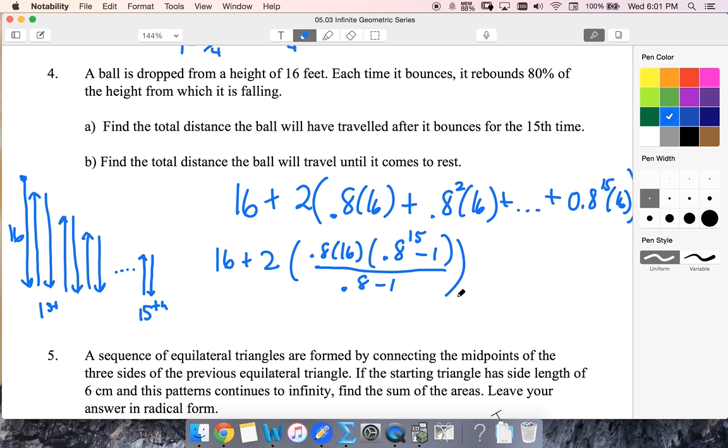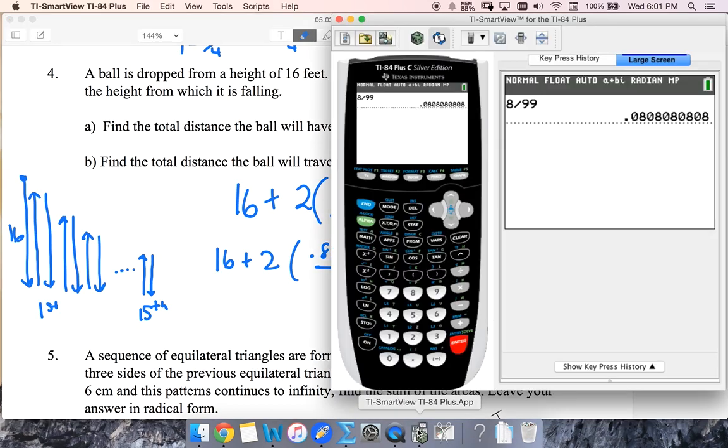So I can work this out in my calculator. Of course, this would definitely be a calculator problem. So let's do 16 plus 2 times, make my fraction, 0.8 times 16, parentheses, 0.8 to the 15th power, minus 1, close parentheses, over 0.8 minus 1, close parentheses.